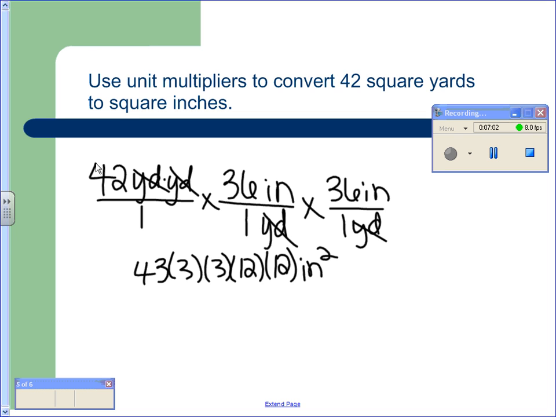Oh, yeah, it is. Did we do it that way? Did we get the right answer? How do you know that you got the same answer? We did 42. 3 times 12 is 36. 3 times 12 is 36. What did you actually get for your answer?